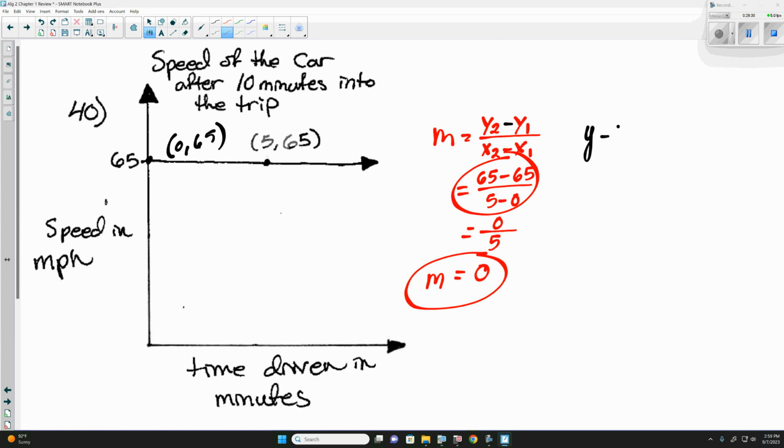Now, to find the equation of the line, we can still plug it into this here, because we'll plug 0 in for m, our slope. Now we have to pick one of those 2 points.